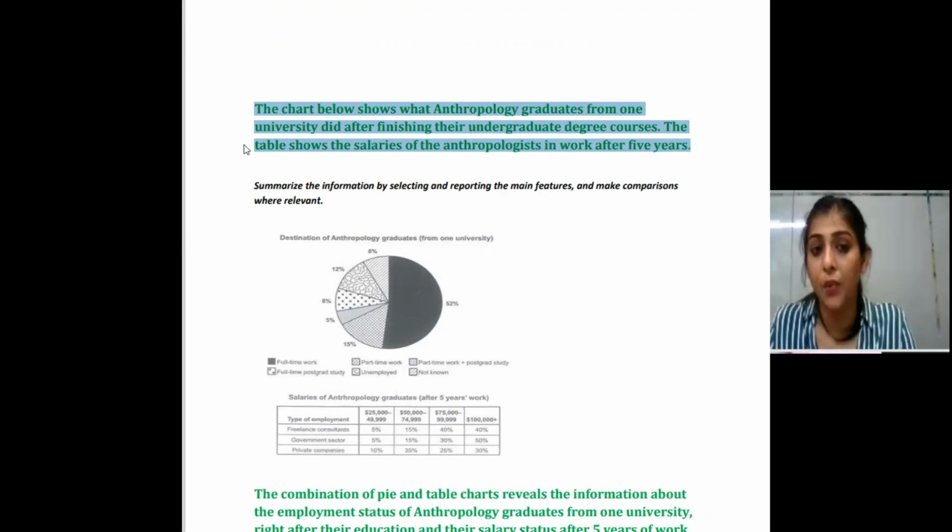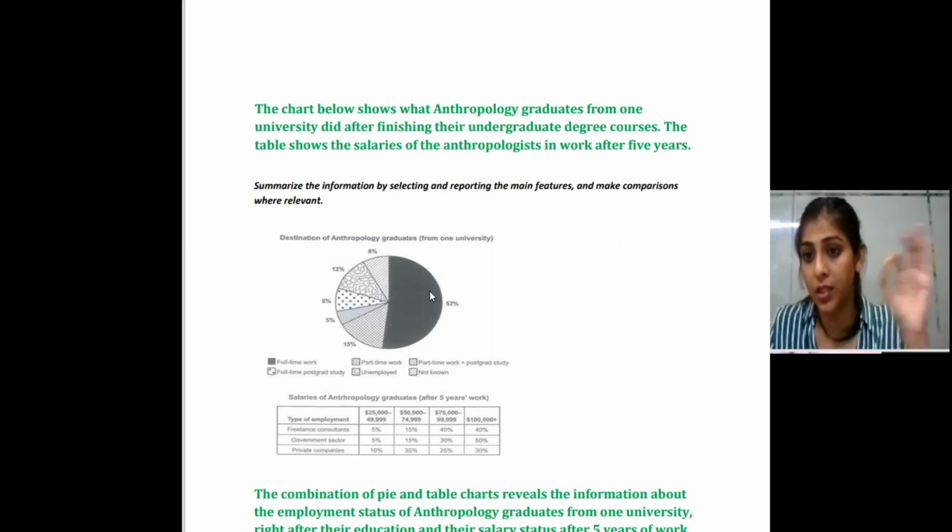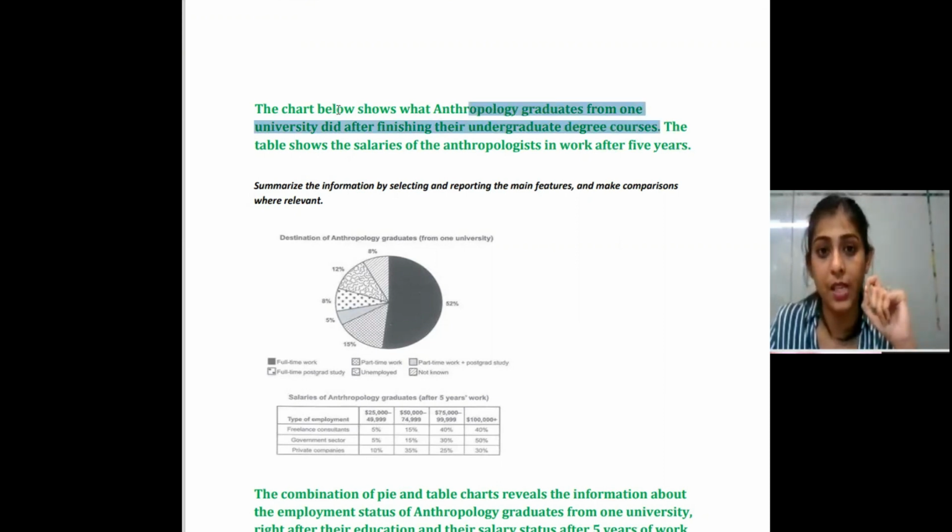For example, we have 2 charts here. One is pie chart in circular representation, and then here other is the table chart. Now, what the statement says here is the chart below shows what anthropology graduates from one university did after finishing their undergraduate degree courses. Now, let us understand this first sentence first of all.